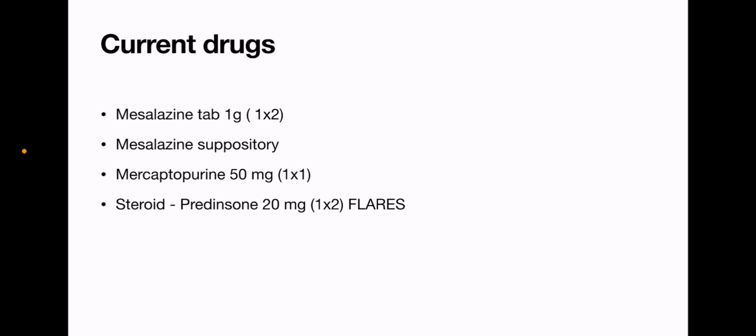Mercaptopurine, because it's pediatric age, and azathioprine has many side effects like infertility and those things. So he takes mercaptopurine, 50 milligram, once daily. Steroid prednisone, 20 milligram, in the flares.